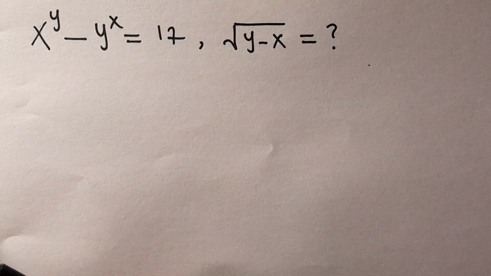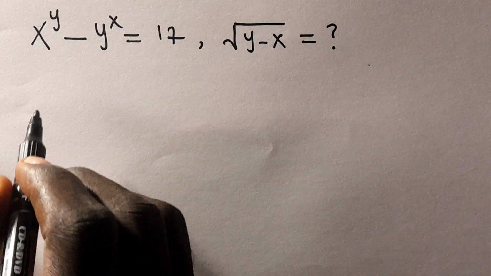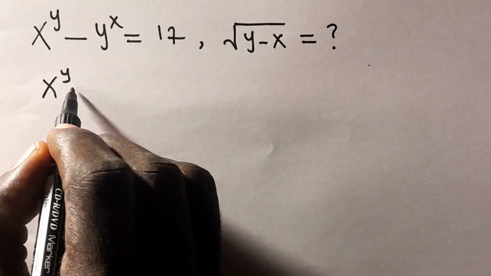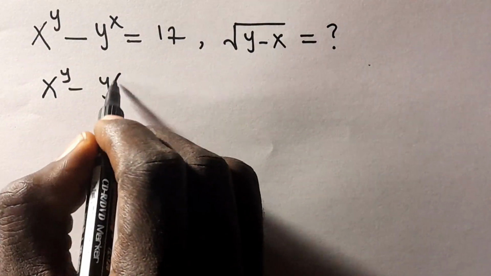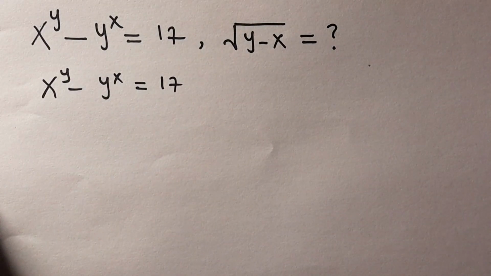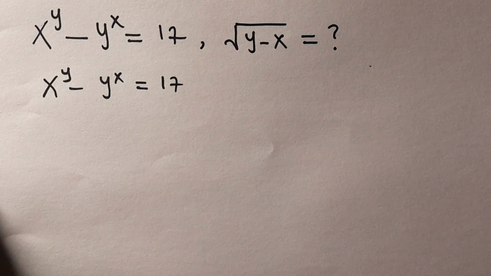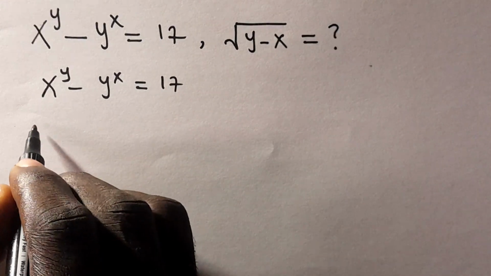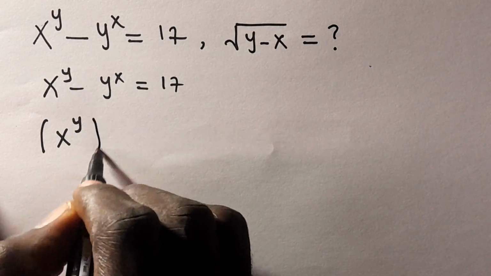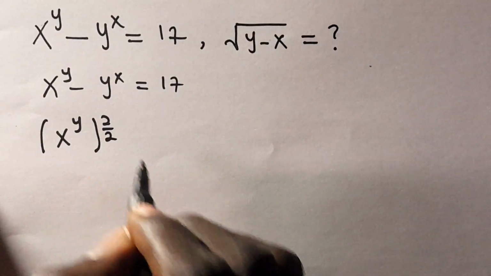Now let's recall from here. From here we have x raised to power y minus y raised to power x to be equals 17. Now, from here, when we have x raised to power y, then we have 2 divided by 2 here.